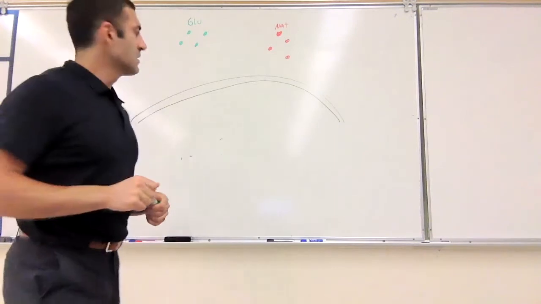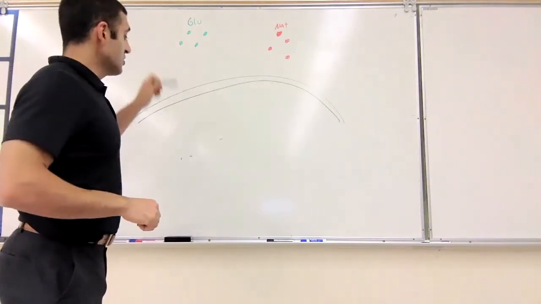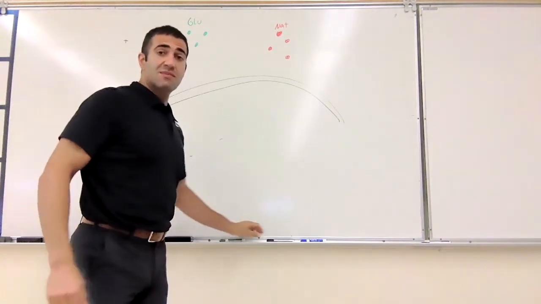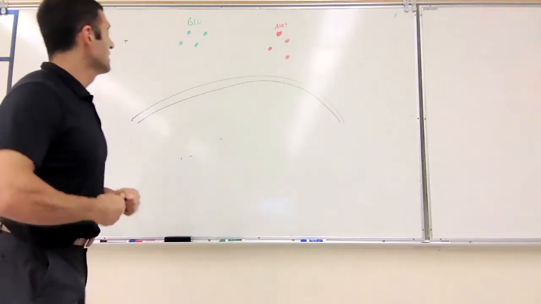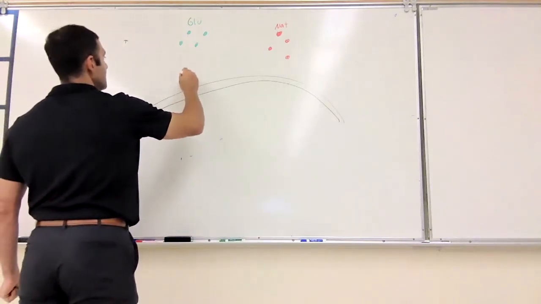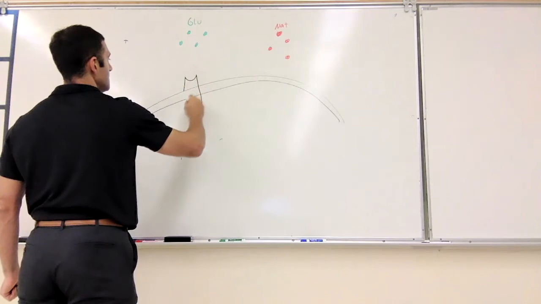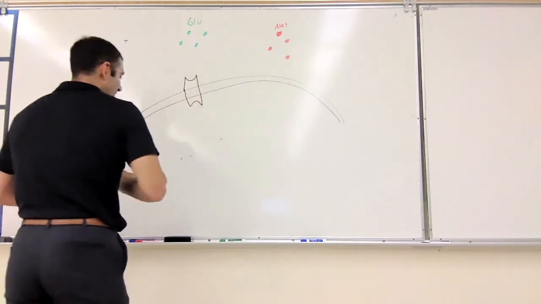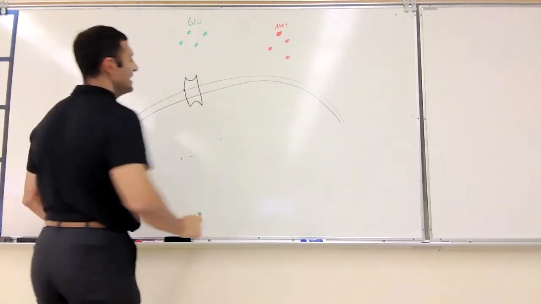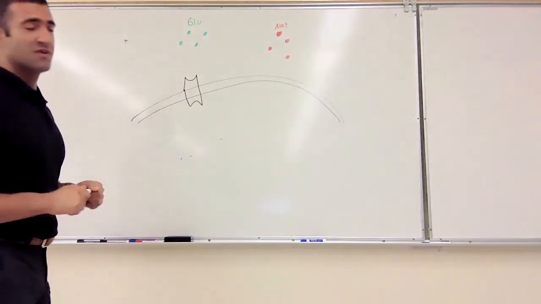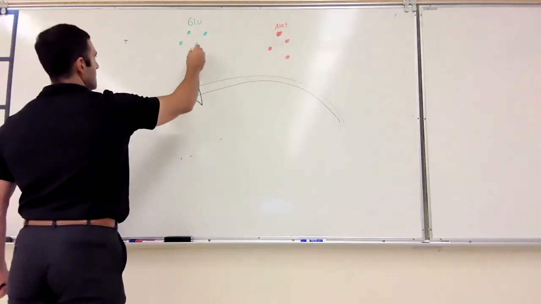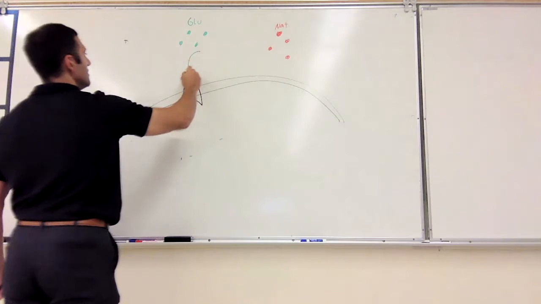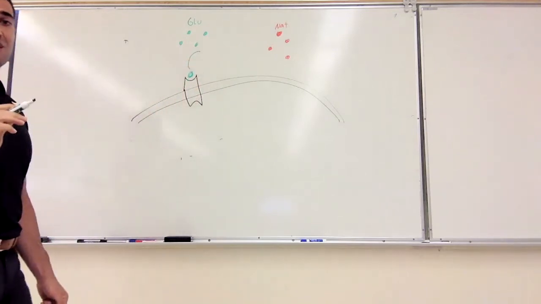So, if we want to get glucose into the cell, we need something called a carrier protein. This protein spans the length of the cell membrane. It's a protein that kind of escorts the glucose from one area to the other, and it is specific only to one type of solute.